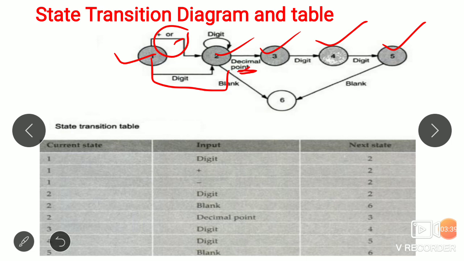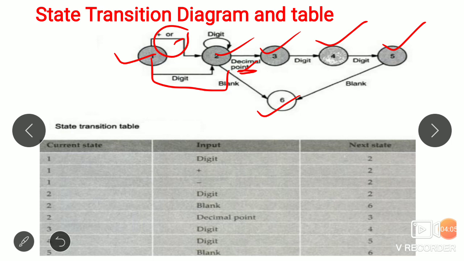When there is a decimal point, it should be followed by the 2 digits, which are represented in the fourth and fifth step. And if there is no decimal point, we are not going to include the decimal point, then it should be terminated with a blank, that is represented in the sixth step.